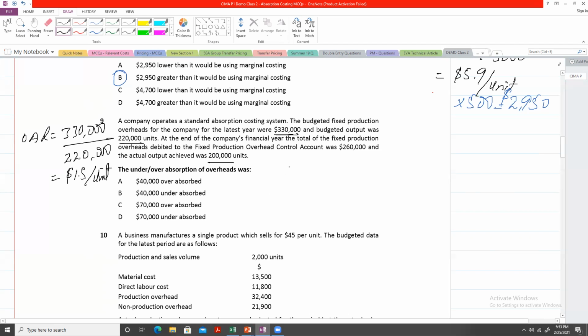Absorbed overheads: the actual production is 200,000 units, and we multiply it by the overhead absorption rate of $1.5 per unit to get an answer equal to $300,000.